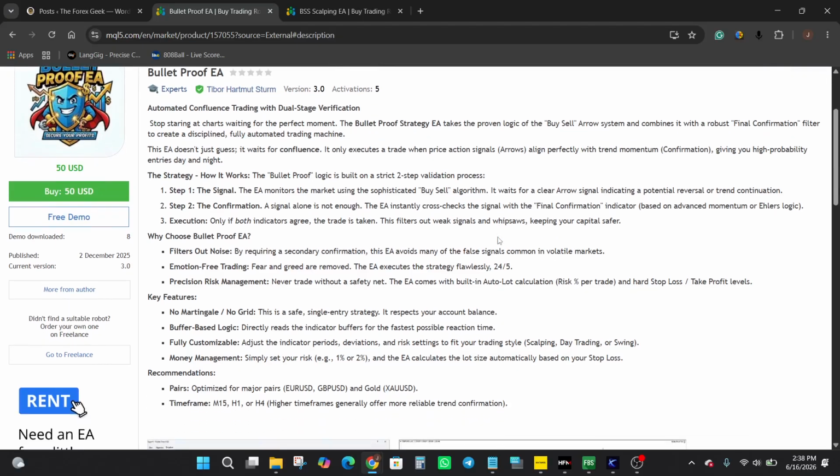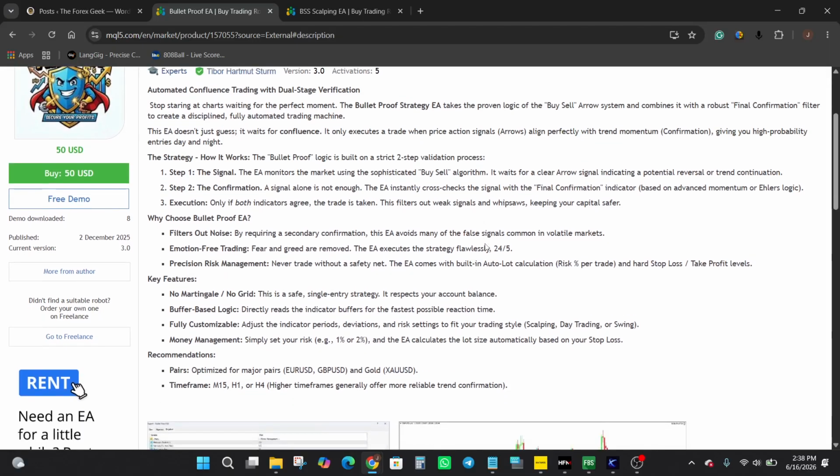Now, as I continue through the page, the developer highlights several reasons for using this approach. One of the main objectives is filtering out weaker signals and reducing exposure to market noise and whipsaw conditions. The EA is also designed to operate without emotional decision making by following predefined rules automatically.